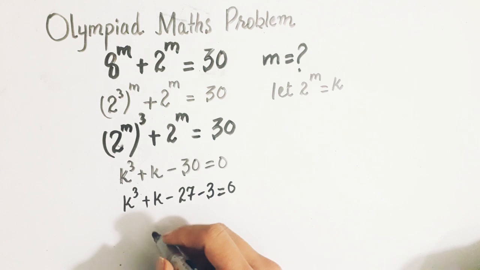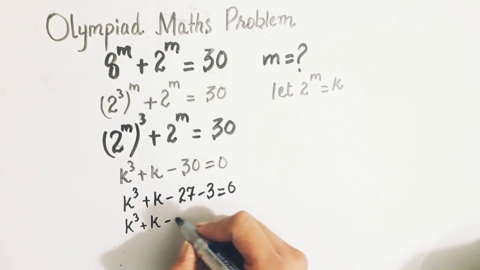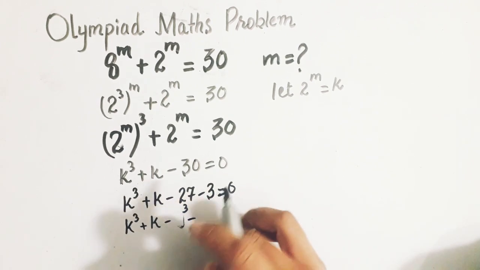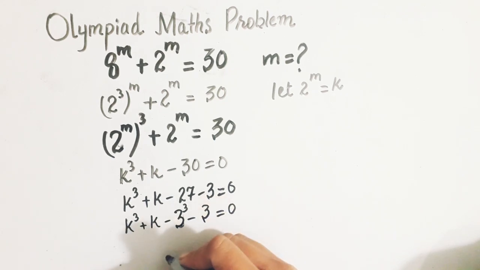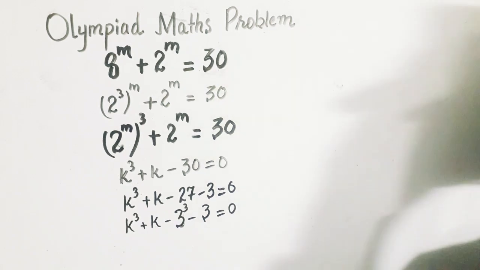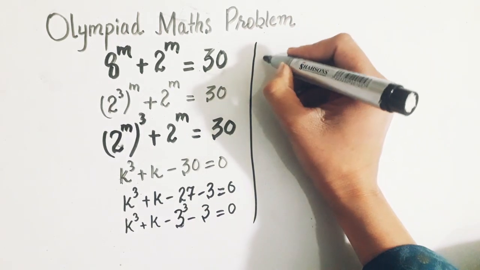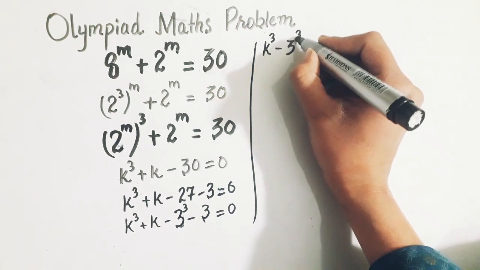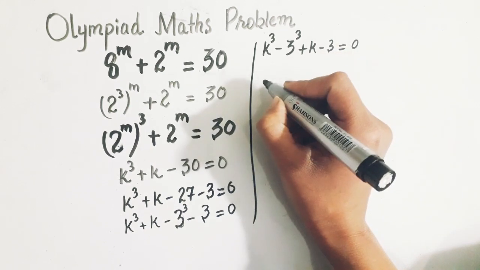Now in the next step, we write this as k cube plus k minus 3 cube, the cube of 3, minus 3 equals 0. Now we will solve this further: this becomes k cube minus 3 cube plus k minus 3 equals 0.